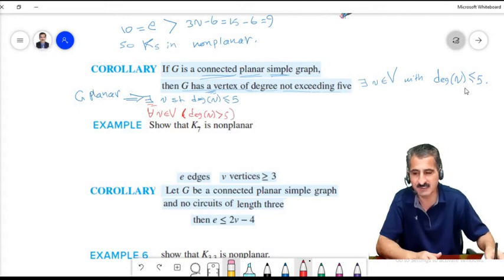This is the negation, and this gives back the negation of this: G is non-planar. Okay.